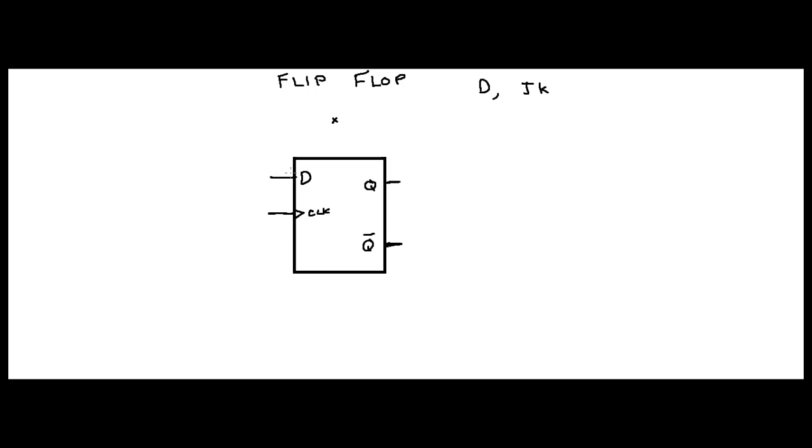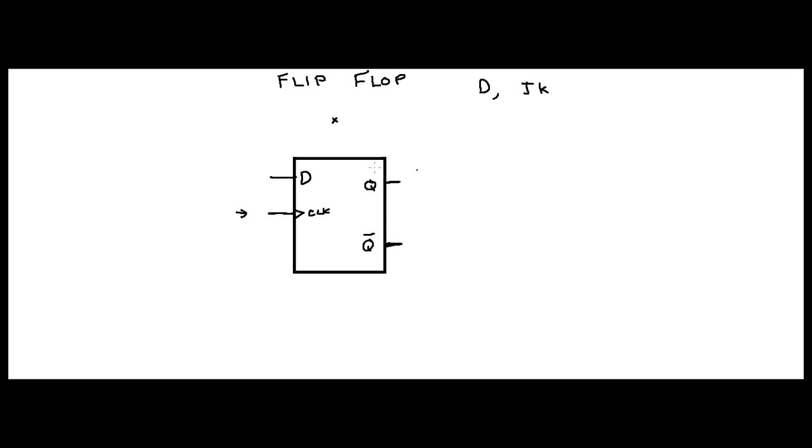First off, I want to make sure that you understand that basically a flip-flop is a latch whose output changes when the clock receives an edge. So we're talking about this input right here.